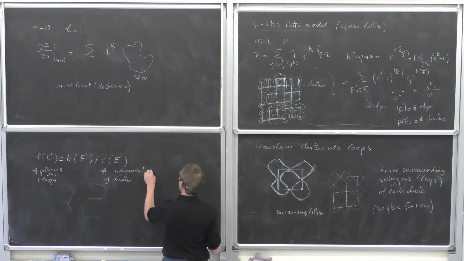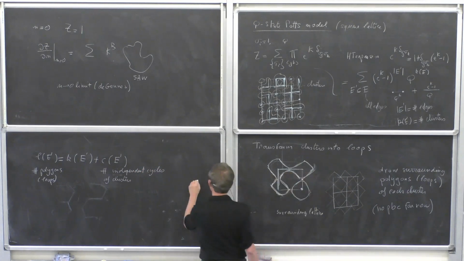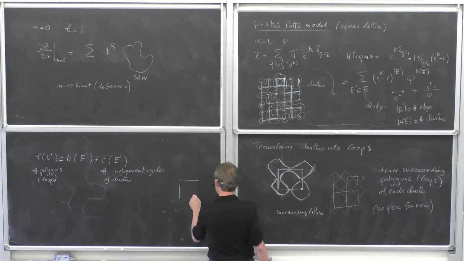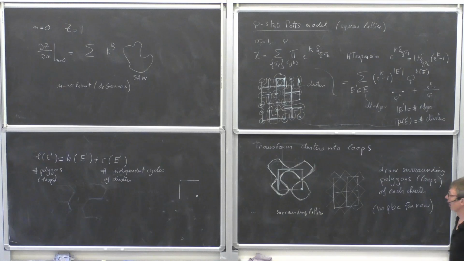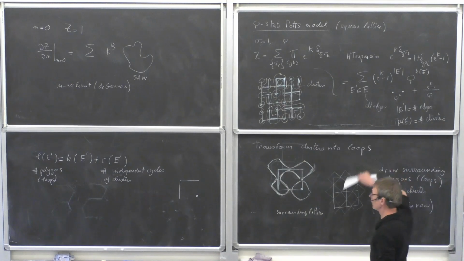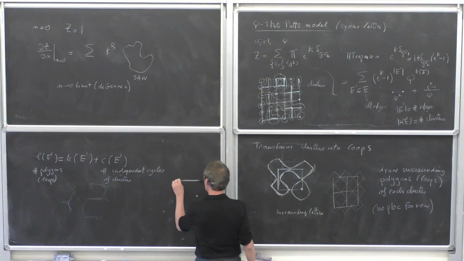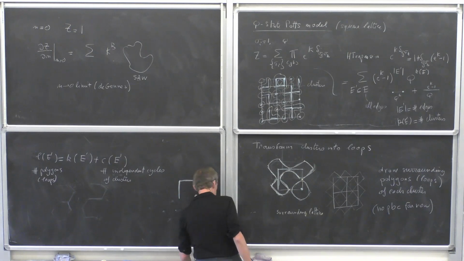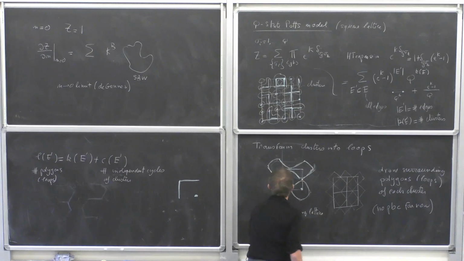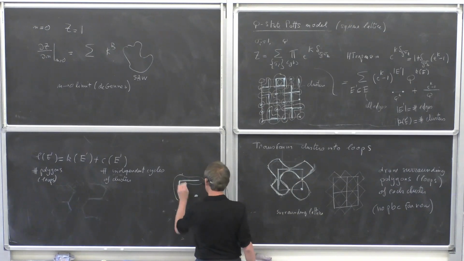Now this looks scary. Let's do some examples. Here is an example of a diagram I get on my little square. So these are the blue bonds. Now I'm only drawing the blue bonds, clusters. Let's look at the surrounding polygons. I have one, I have two.